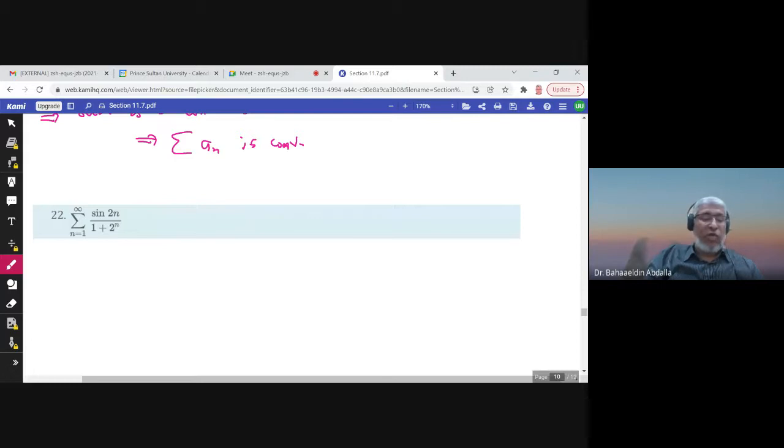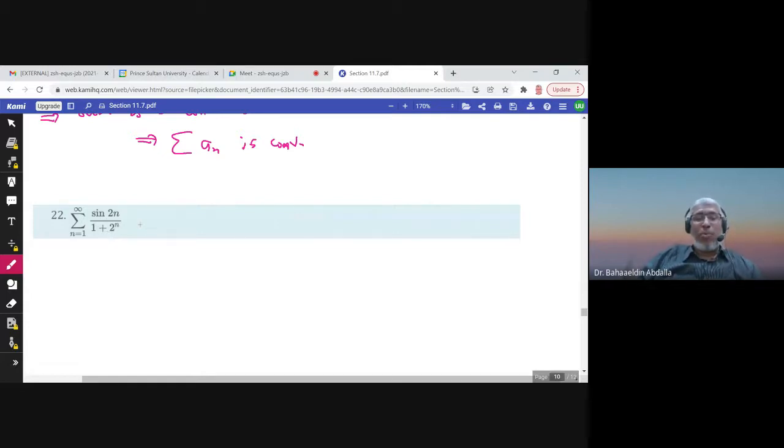You don't know when it becomes negative and when it becomes positive. So it's not alternating. You cannot use the alternating series test. And the terms are not positive. So you cannot use comparison or limit comparison or, of course, integral is not possible here. It is not easy to evaluate the integral.